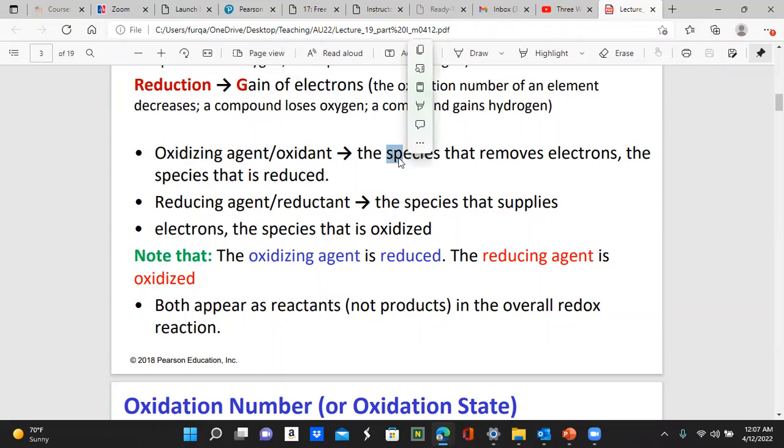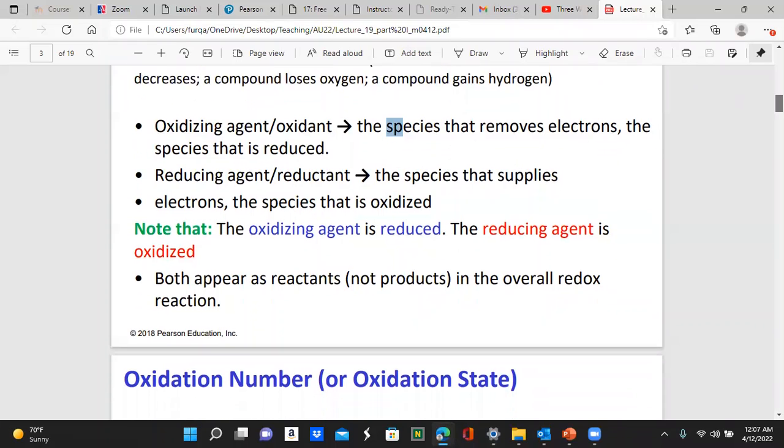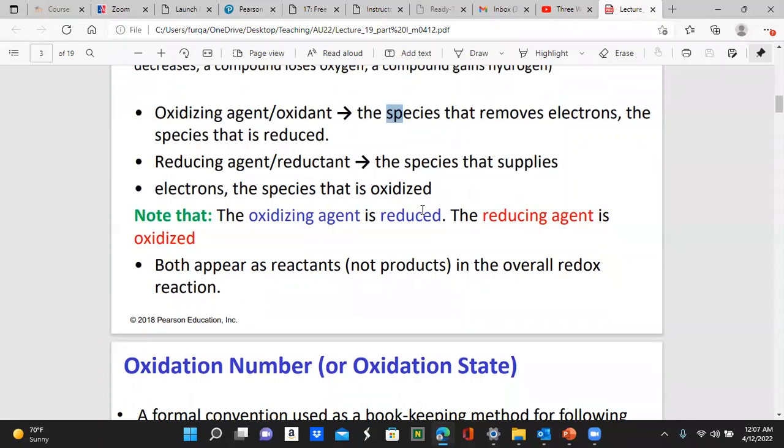The species that removes electrons, the species that is reduced, right? The species that helps remove the electrons is itself being reduced. So all oxidizing agents are being reduced and all reducing agents are being oxidized. Keep that in your mind. The oxidizing agent is reduced, the reducing agent itself is oxidized.